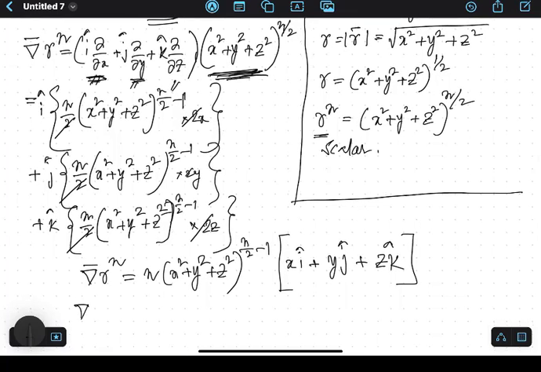So grad r to the power of n I can write down as n, this x square plus y square plus z square. So if I have r as this, then r square, what do I write? I can write x square plus y square plus z square only.